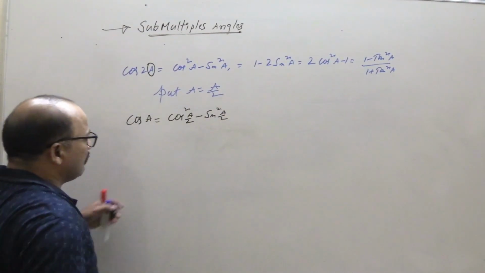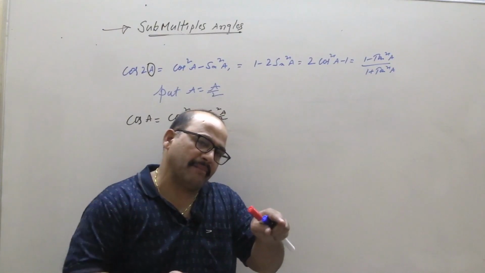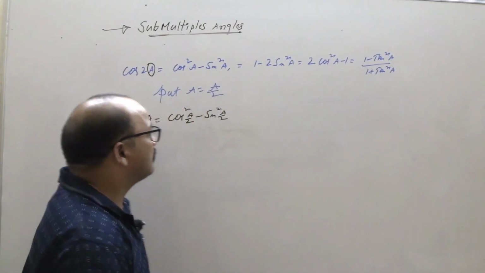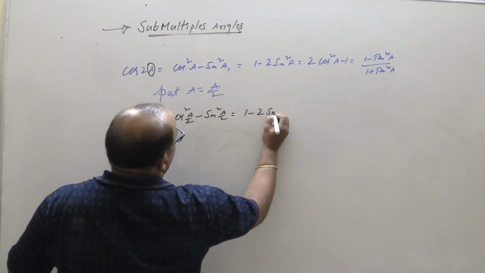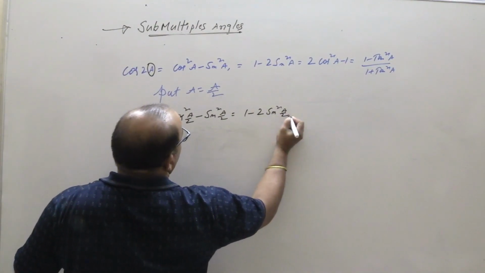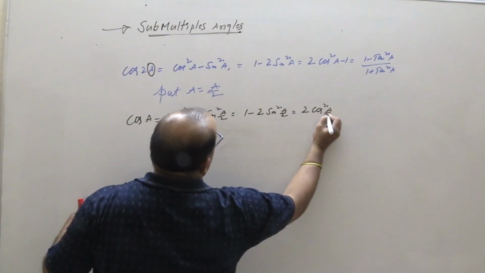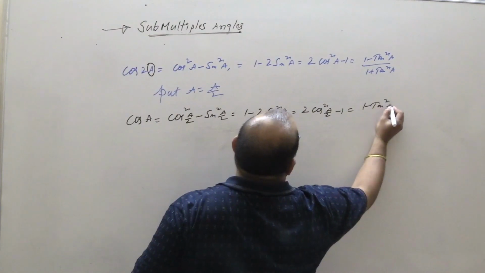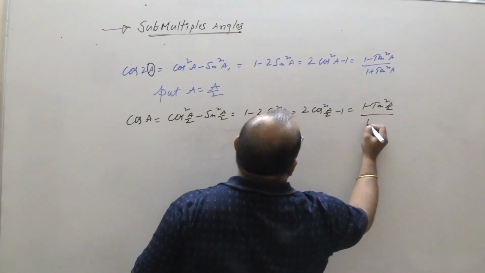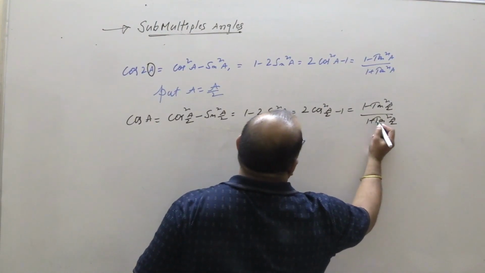Understand, students, it is also equal to 1 minus 2 sin square A by 2, 2 cos square A by 2 minus 1, and 1 minus tan square A by 2 by 1 plus tan square A by 2. These are the formulas.